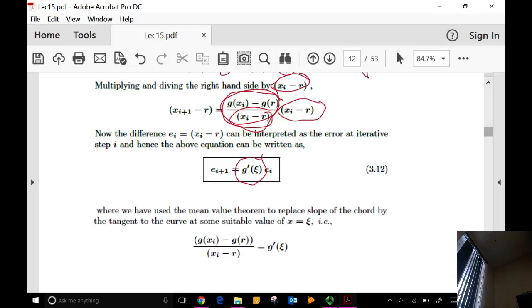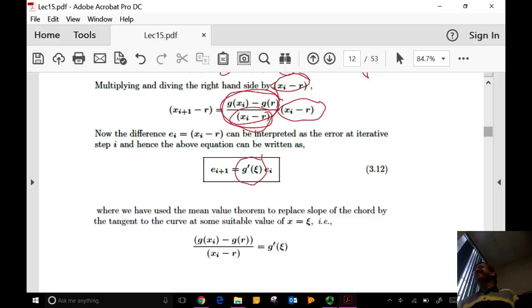So if that slope is less than 1, then the error is going to be decreasing. So near the root, you want the slope of the g function, the g prime, to be less than 1. That is the condition for convergence. If you have constructed your g in such a way that its slope near the root is less than 1, you are guaranteed to converge. Is that a useful result to know?